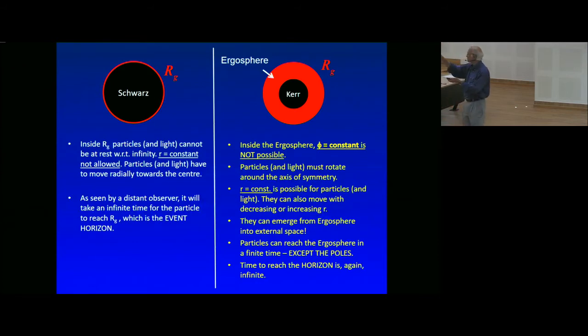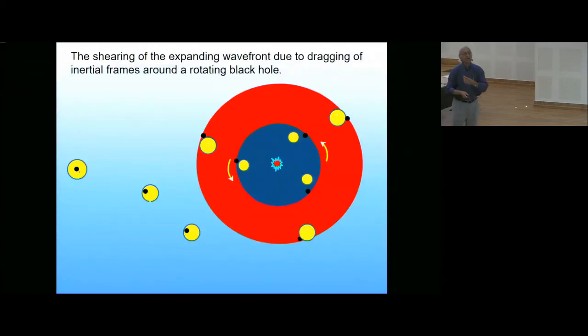So if you're not particular about reaching the poles of the ergosphere, then you can do that in a finite time. Now, here are the expanding wavefronts, Penrose's diagram once again, but this time around a rotating black hole, and this red region is the ergosphere, and this is the horizon. So you see, in addition to light being pulled towards the black hole, you find that there is a shear.